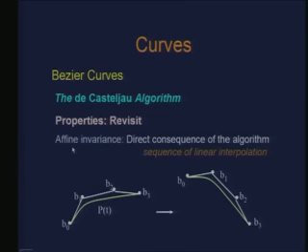We remember that affine invariance was a property where it was equivalent if I apply an affine transformation to the curve, or if I apply the affine transformation to the Bezier polygon or the control points.